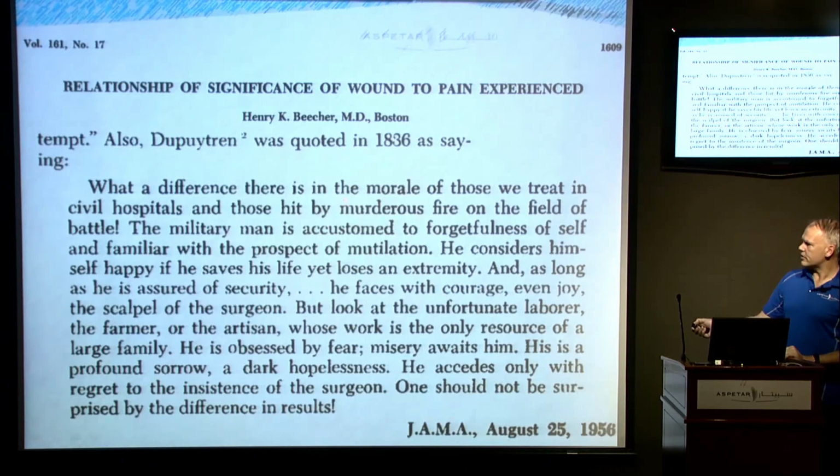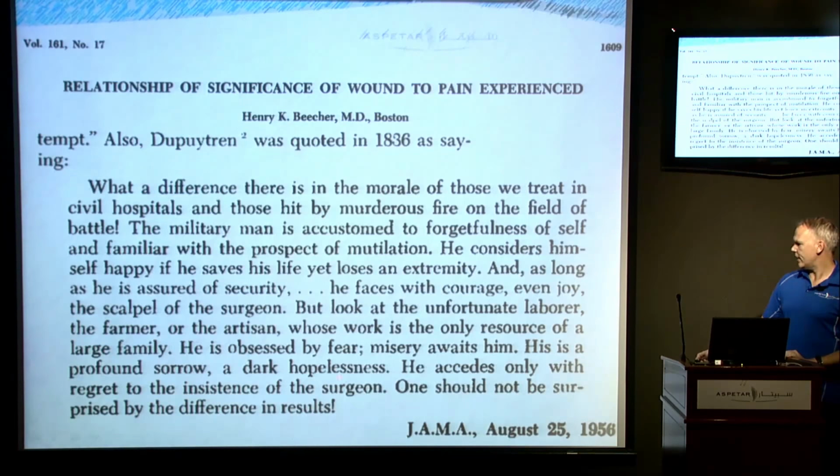And Dupuytren was prescient enough to point out that this guy on the battlefield, who really thinks he might die or be mutilated at any minute, is actually really quite happy to be in the hospital with half of his leg missing. Whereas the poor guy, who's working as a farmer, artisan or whatever, he's now obsessed by fear and misery at the prospect of a scalpel.